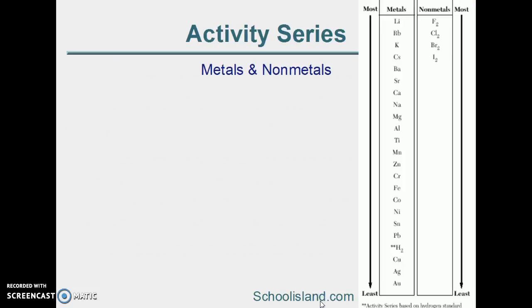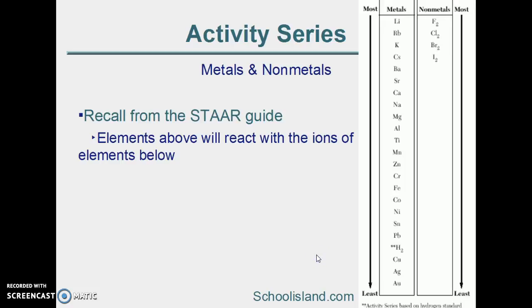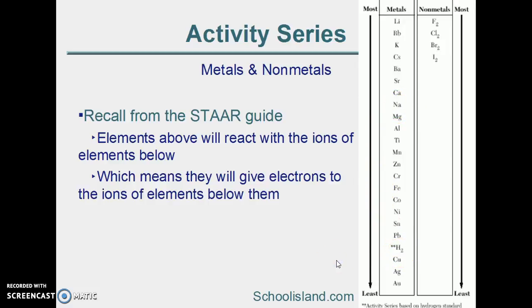You may recall what an activity series is. This is one that we developed, or that you can develop experimentally. Elements on the top of the table will react with ions of the elements below. To give you a good example here, to give electrons to the ions of elements below, zinc, for instance, reacts with hydrochloric acid.